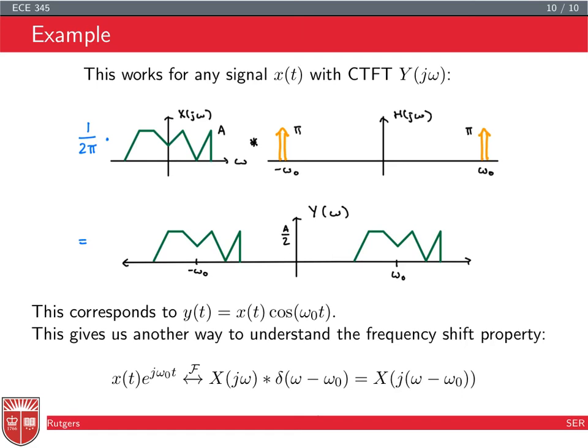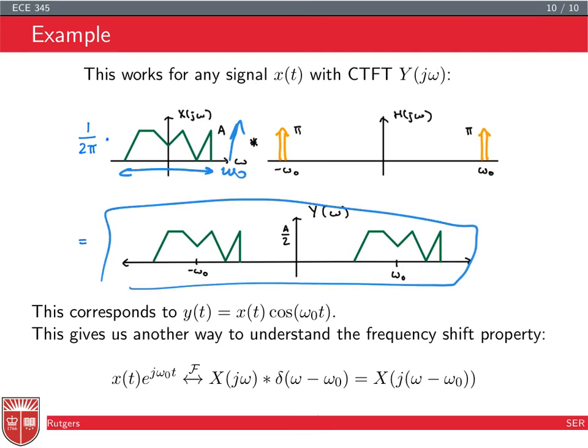I'm just trying to avoid having aliasing. So let's suppose that omega 0 is outside of the bandwidth of the signal. You're going to get copies of the signal at omega 0 and minus omega 0. And this actually gives you another interpretation of the frequency shift property.